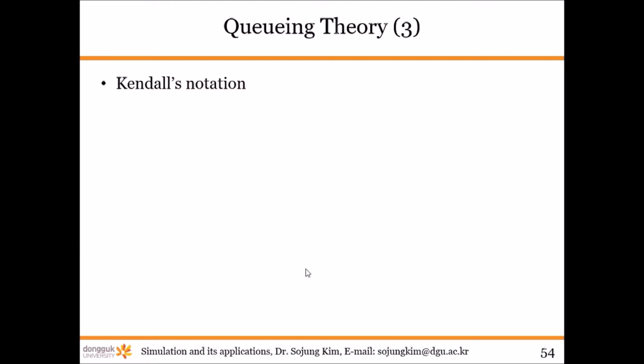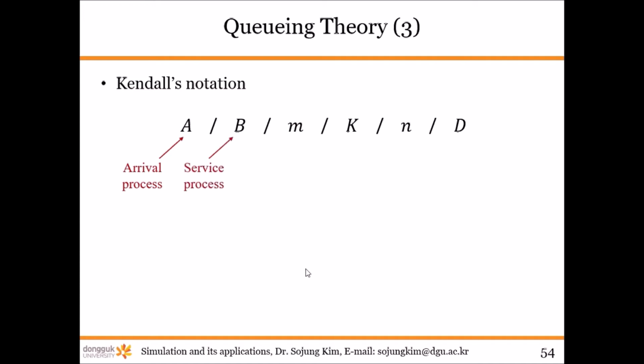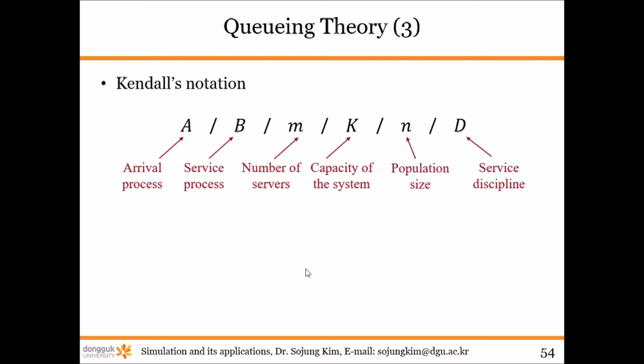Let's look at Kendall's notation quickly. Here is Kendall's notation, and I will give you the definition. The first item is the arrival process, the next item is the service process, the third is the number of servers, the fourth is the capacity of the system, the fifth is the population size, and the sixth, the last one, is the service discipline.